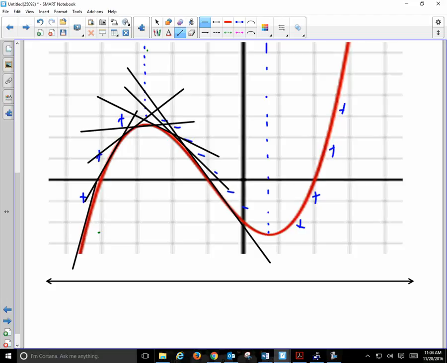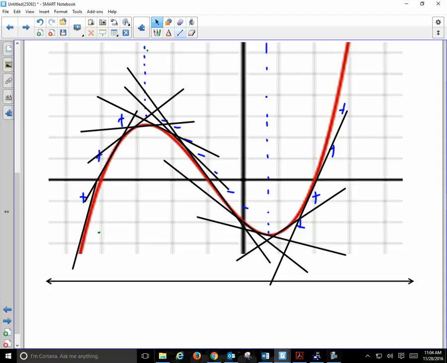After that, if you notice, the tip of the tangent line starts to pick up again, doesn't it? And it kind of coincides with the shape of the graph. As you see here, the tip of the tangent lines are dropping here. But they're starting to pick up here.